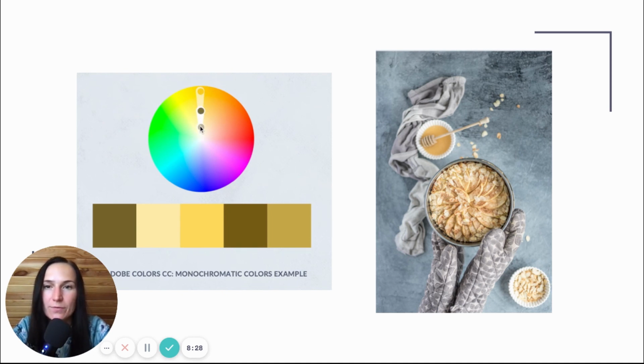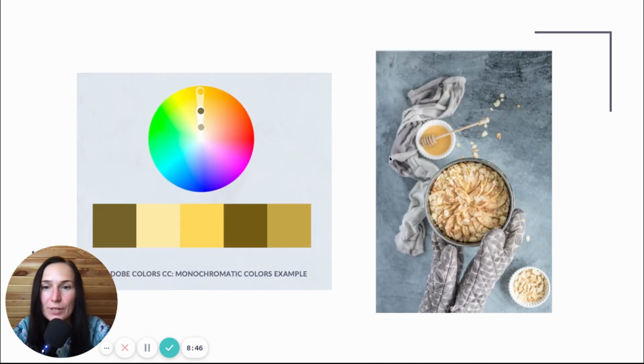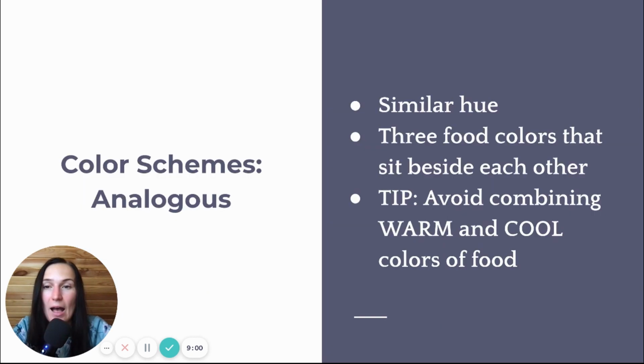So a little bit of darker brown, yellow, brown, or here, for example, red, but different tones in general, because the key is to use different shades and tints. Here again, they were a little bit yellowish, a little bit brownish, darker brown, less brown. And this cake in general was a good example of monochromatic.